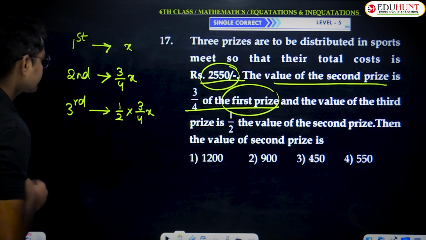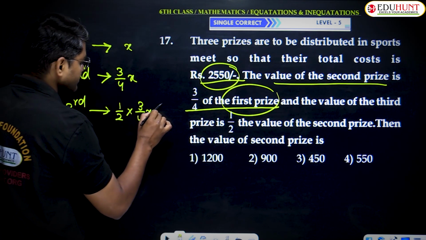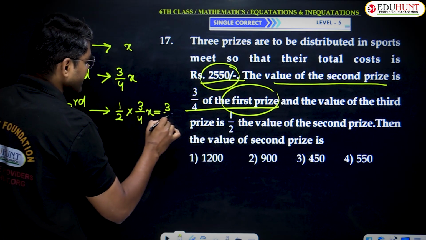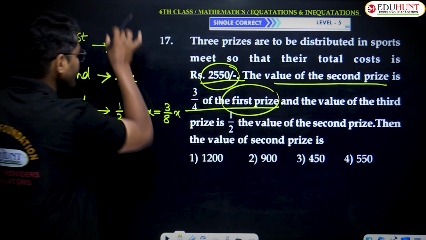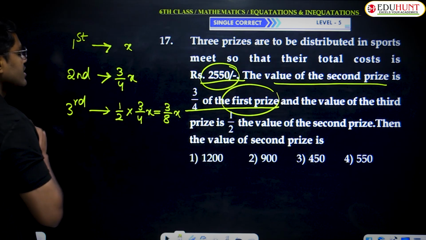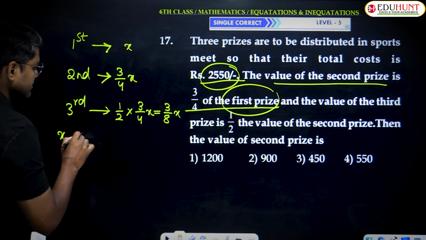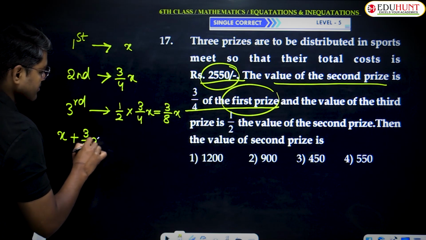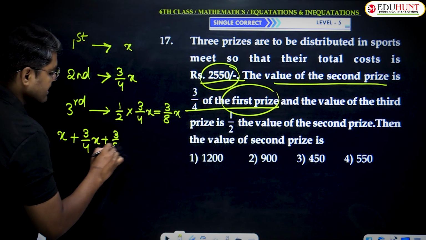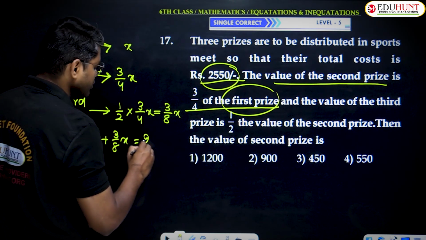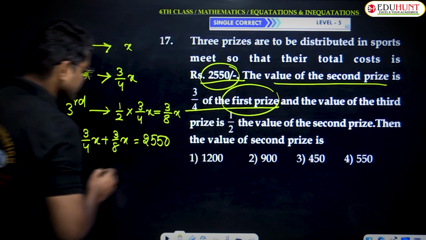Okay. So, this is 3 by 8 x. So, the sum of all these prizes will be 2550 rupees. So, x plus 3 by 4 x plus 3 by 8 x is equal to 2550 rupees.